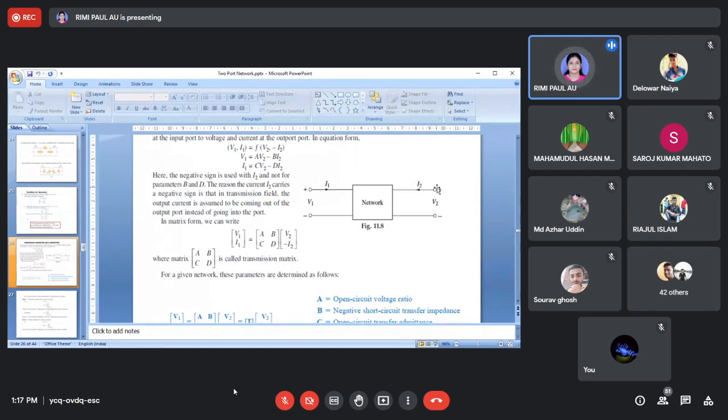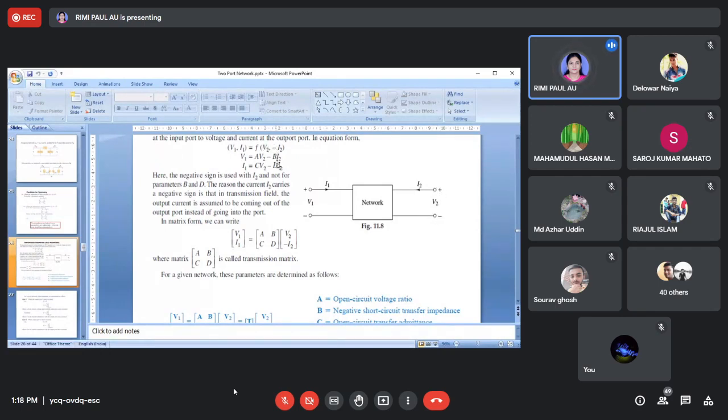If I now short circuit this part, only current I2 is present and V2 will be 0. Since it is minus I2, V1 by minus I2 means impedance. We get this impedance when we do the short circuit at this part.